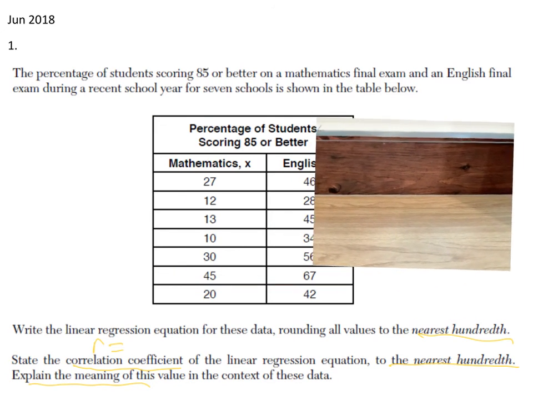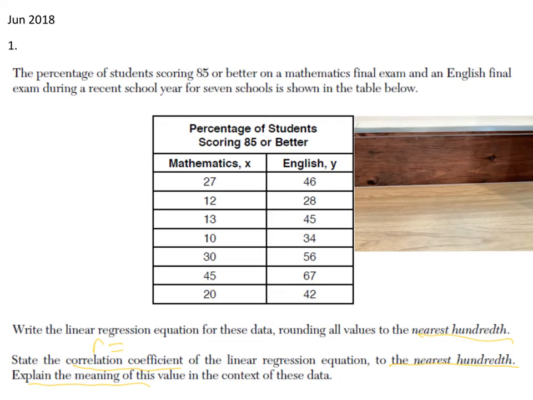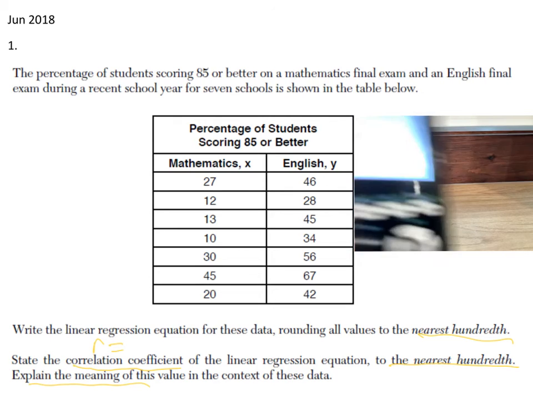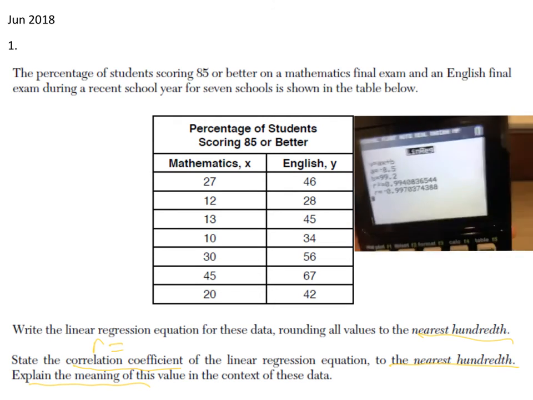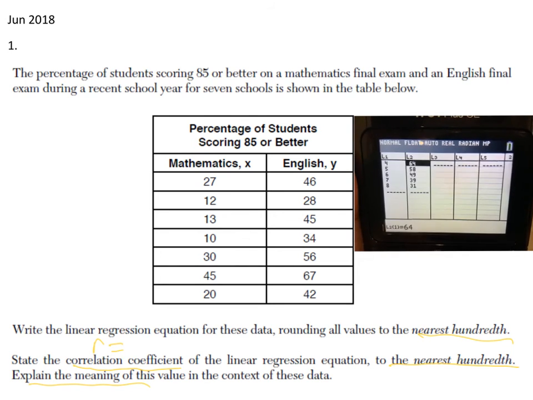and we'll clear everything as needed from our list. So this is our calculator right here. Let's clear, go to stat, go to edit, go to clear everything. Go up here, clear everything. Okay, let's plug in all the values.